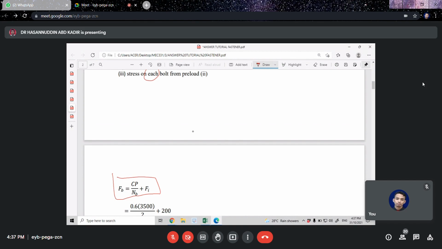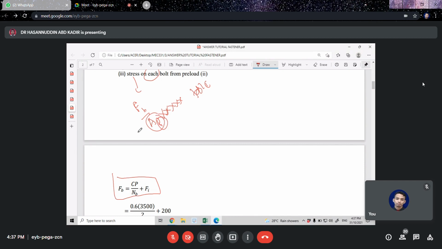If they ask you to find the stress, you must know that stress is linked with force. Force P, and then you need to divide by the area. The area we don't want to calculate. We refer to the table. This one is 80. We refer to the table. Where is the table?